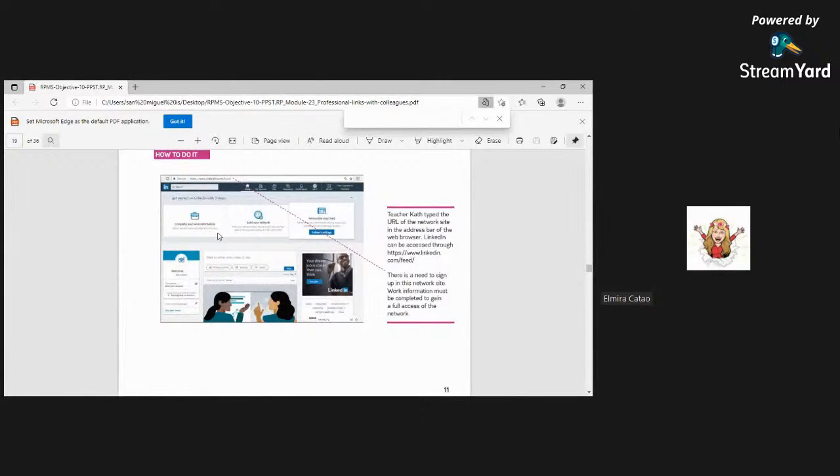Professionals in this group may interact with one another by sharing posts and comments. By participating in this online professional network, Teacher Kat was able to gain knowledge about project-based learning, which she considered using in her lesson about advocacy campaigns to make her learners' learning more authentic and relevant.